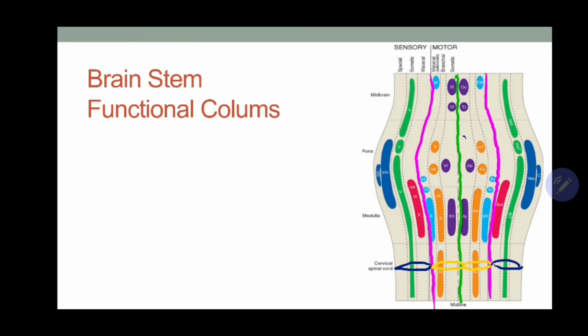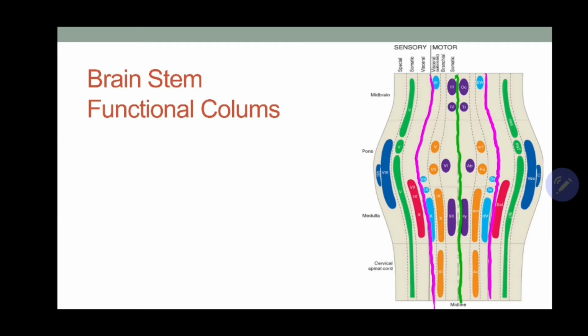So if you fold this image, you will find this functional column overlaps this, this overlaps this, and similarly this functional column overlaps this and so on. So you are seeing that it's completely a bilateral mirror image of the two sides. So here I'm talking about the alar lamina, now the lateral place. This is for the afferents.